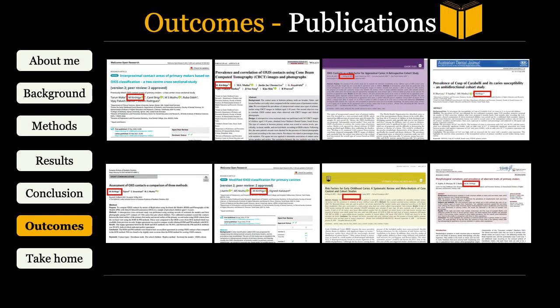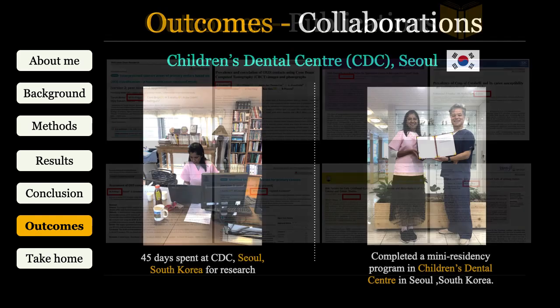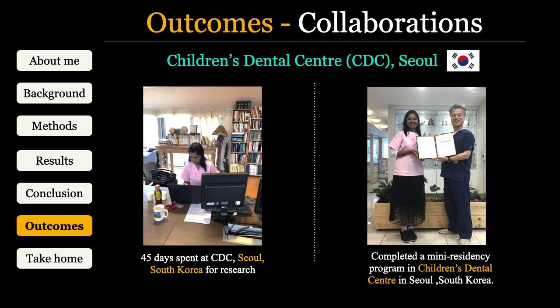We had 8 other publications from this project, which were lateral publications, including a retrospective cohort study on OXIS contacts and proximal decay, and studies of other anomalies like the prevalence of cusp of Carabelli and morphological variations, etc. We established 2 important collaborations at the end of this project.